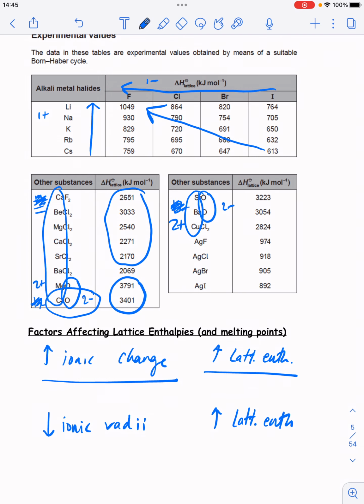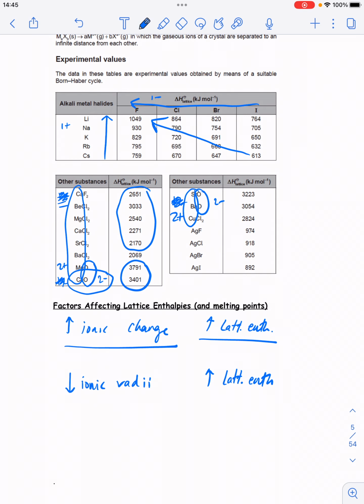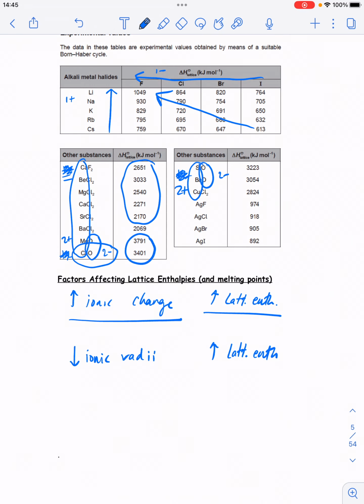And that's because smaller ions can pack more closely together, so the charges can get closer together. It also means that the charge of the ion is more dense, because if you have a 1+ charge spread out over an ion this big, or a 1+ charge spread out over an ion that big, the first one is more charge dense.